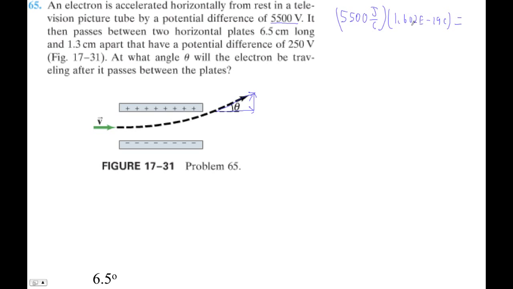So let's figure out the velocity of our electron. So this potential energy, 1.602 E minus 19, I'm going to store that in A. And that's 8.811 E minus 16 joules. And then that equals 1/2 mv squared of the electron. So 9.11 E minus 31, you can look that up in the data packet, times v squared. So let's figure out the velocity of the electron.